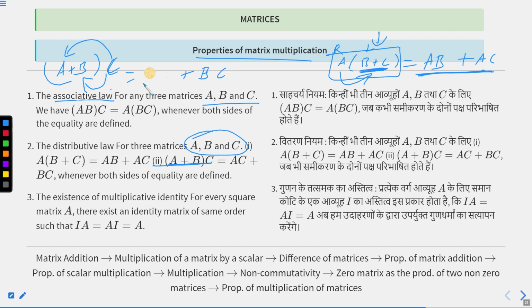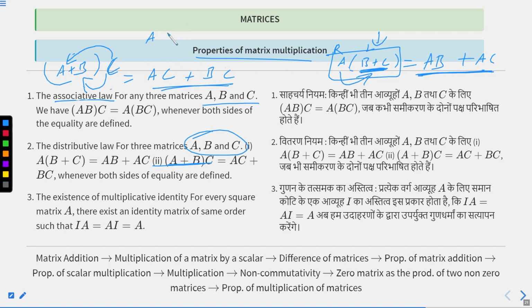Please keep in mind that we are not writing CA and CB. We are writing AC and BC, because C is multiplying with A from this side. AC and BC will be correct. The other would not be the correct answer. If you interchange their position, this won't be correct.